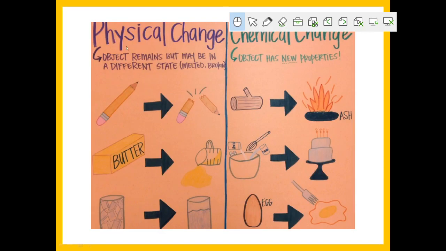Look here, change like this pencil. When we break this pencil, we will have two pieces of the pencil, but both of these two pieces are still pencil.